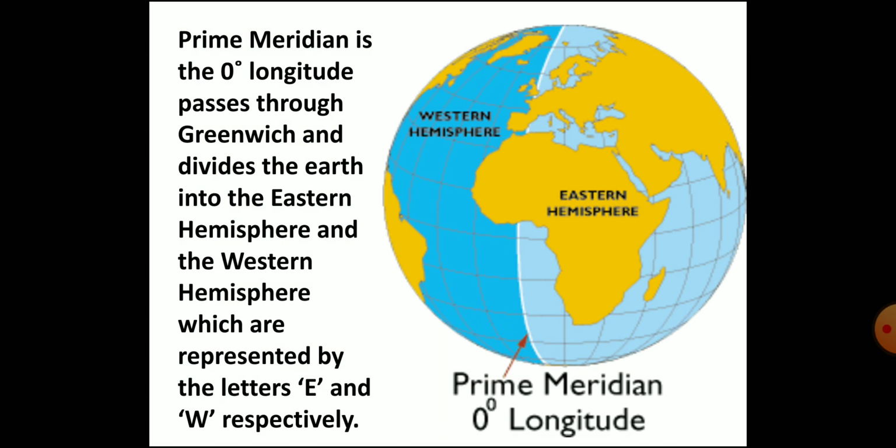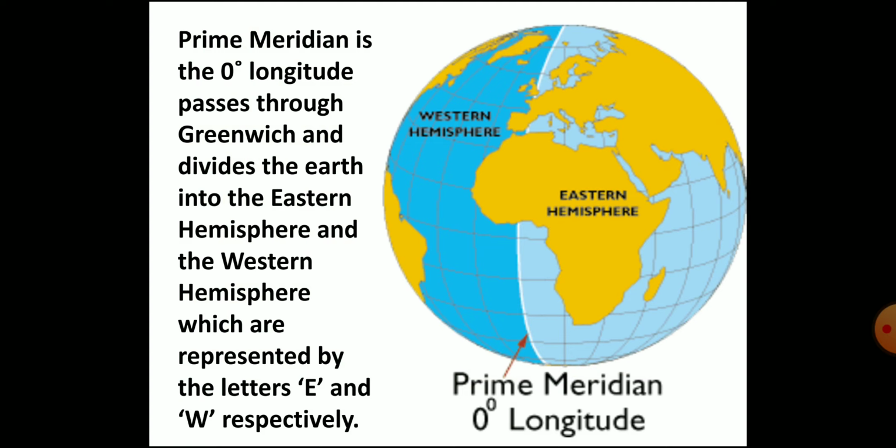As the equator is the 0-degree latitude and it divides the earth into two equal halves, the northern hemisphere and the southern hemisphere, in the same way, a longitude called the prime meridian is the 0-degree longitude. The prime meridian passes through Greenwich in England, where the British Royal Observatory is located.